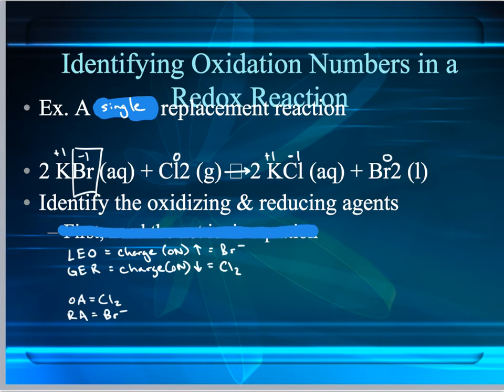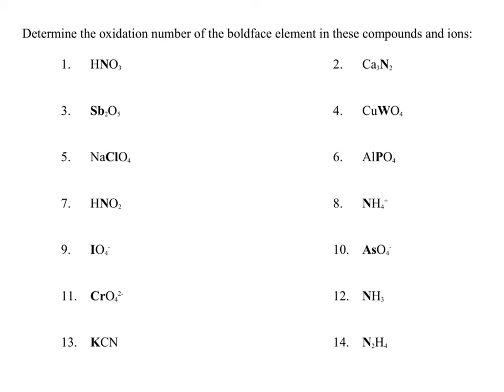Okay, a couple more examples off of your homework this time to get you guys started. It says determine the oxidation number of the boldface element in these compounds and ions. All right, I'll do a couple from up top and maybe one of the ions down below.